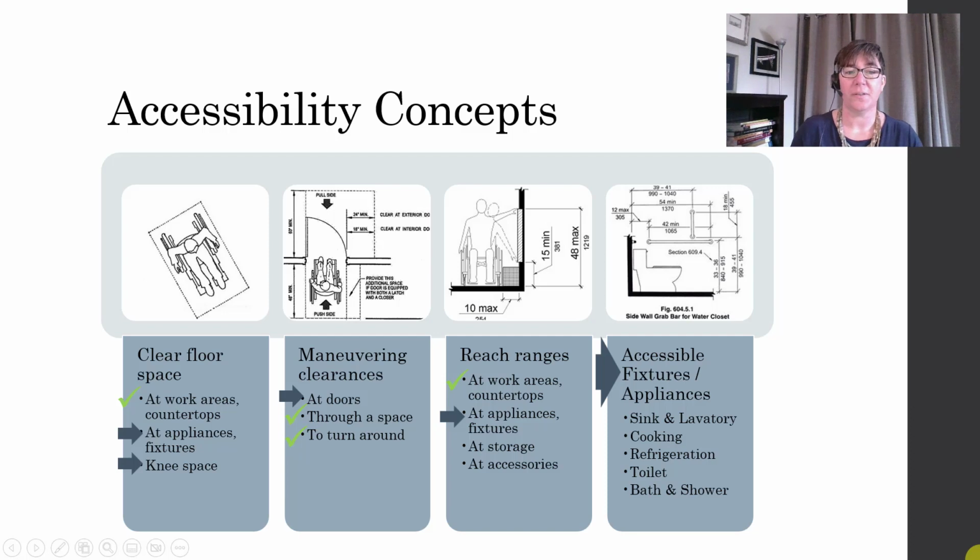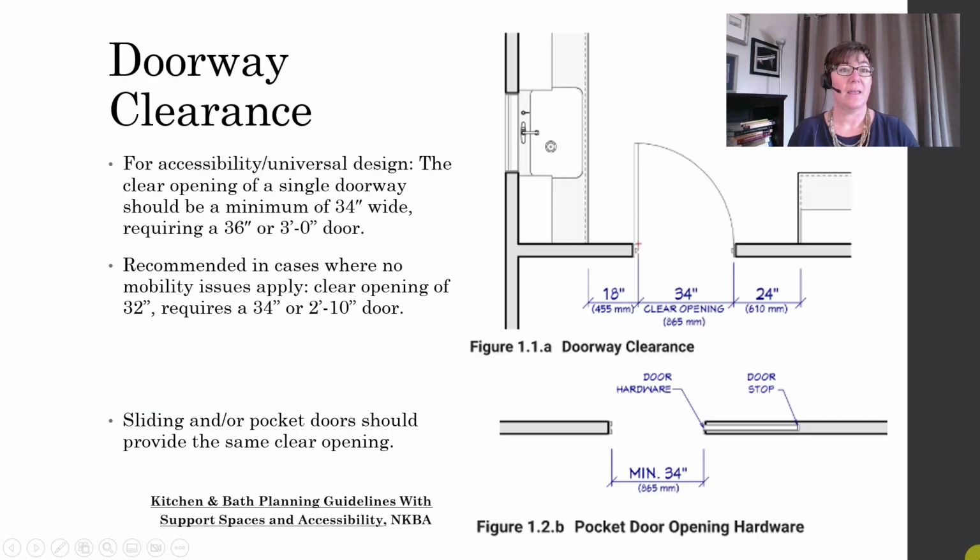So we're going to start our discussion right here with maneuvering clearances at doors. In general, accessible doors should have a clear opening width of at least 34 inches.